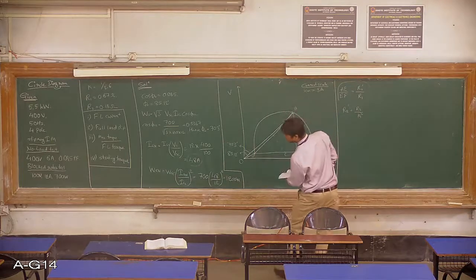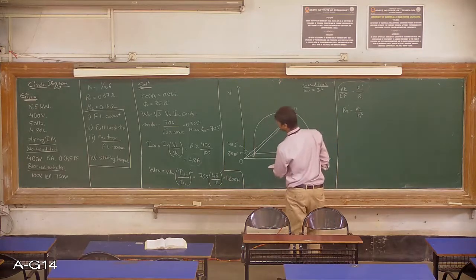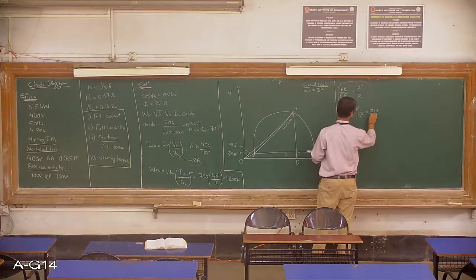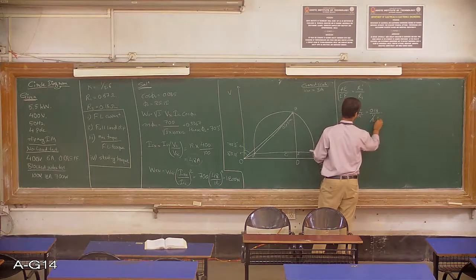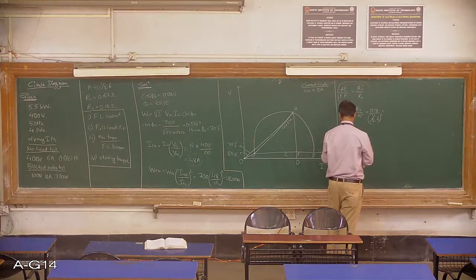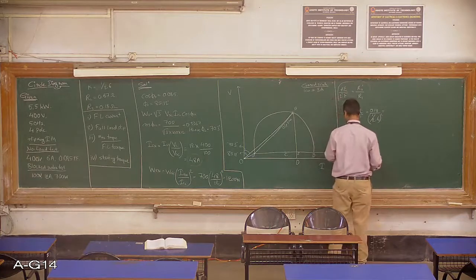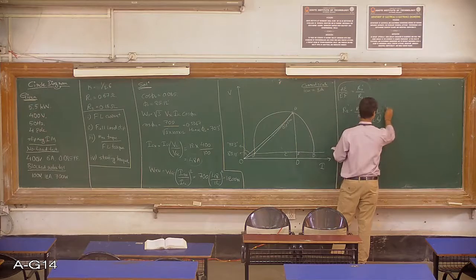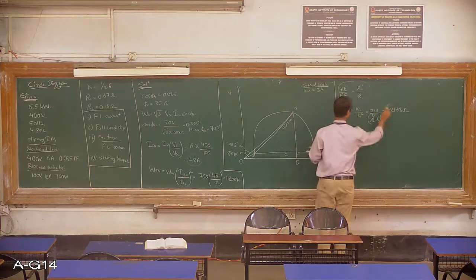We know R2 is 0.18, divided by K, which is 1 upon 2.6, whole square. So 0.18 divided by 1 upon 2.6 whole square will be 1.2168. R2 dash is in ohms.